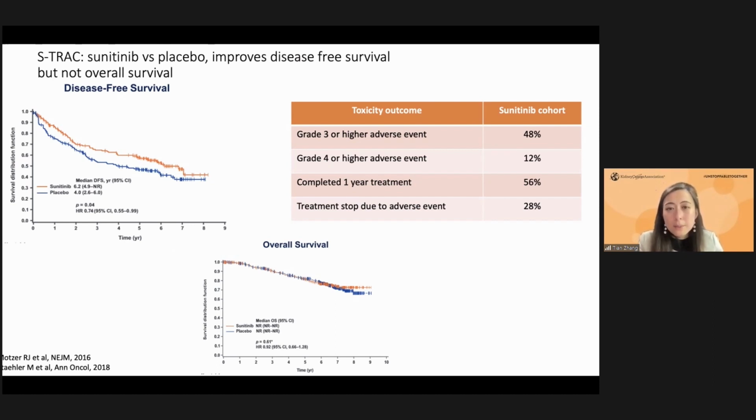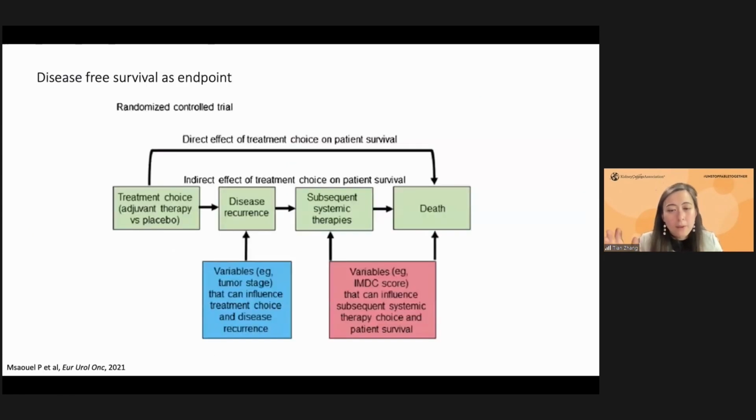And so in this setting, we thought about whether this treatment of choice is important, and how is this disease-free survival outcome truly indicative of our treatment? Well, the randomized trial, we published a review and a discussion about this in the past year with Pavlos Msaouel.